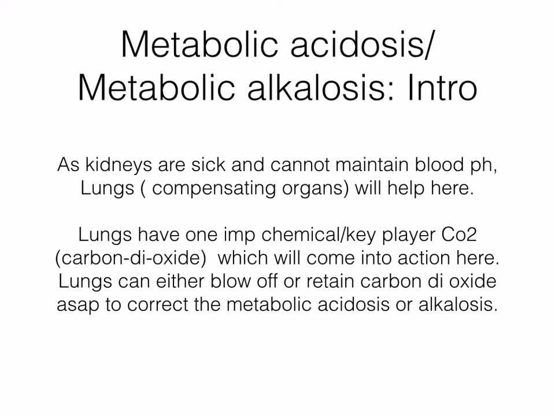Retaining and excreting carbon dioxide will happen due to increasing or decreasing respiration. The only way carbon dioxide can build up in the blood is by a significant decrease in respiration. If breathing slows down, then the acid, which is the carbon dioxide here, is not exhaled effectively and it builds up in the blood, causing acidosis.